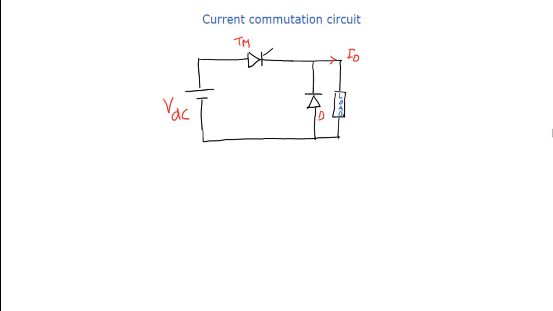In class B commutation circuit, the circuit parameters are more or less similar to voltage commutation circuit, but the arrangement will be a little different. Obviously, the operation will be a little different. So now we will discuss the current commutation circuit and then its operation. As we discussed in voltage commutation circuit, here also we are going to take the DC to DC converter, and in this DC to DC converter we will prepare the commutation circuit for this main thyristor TM.